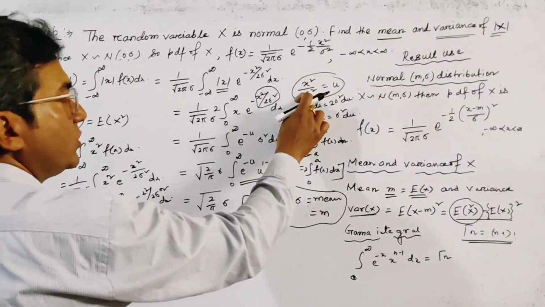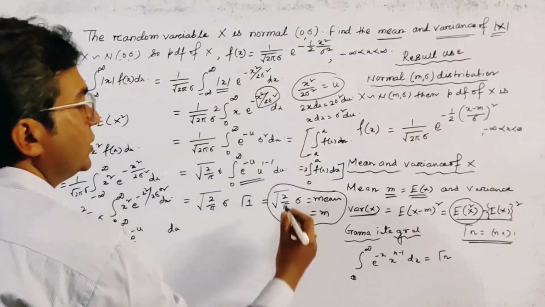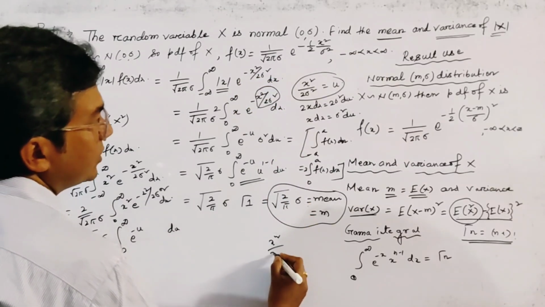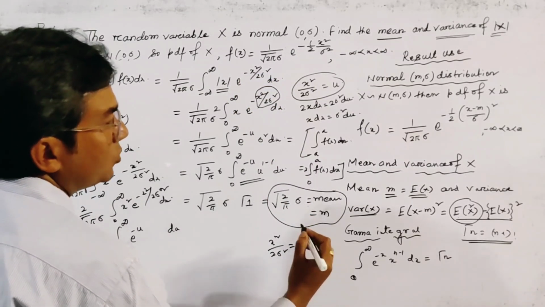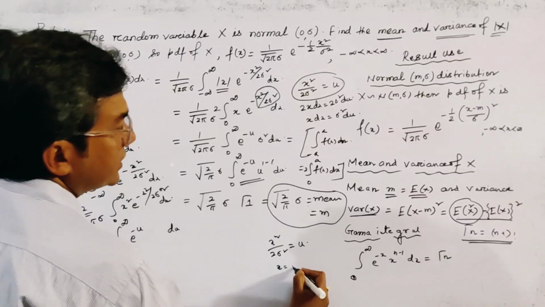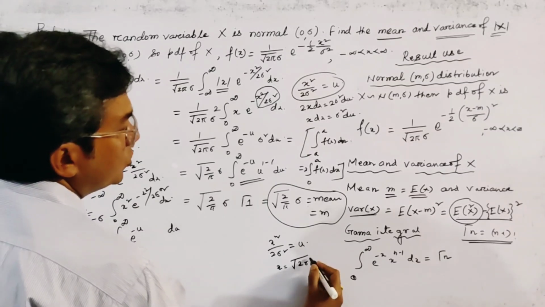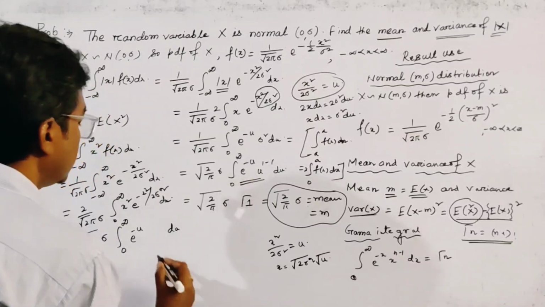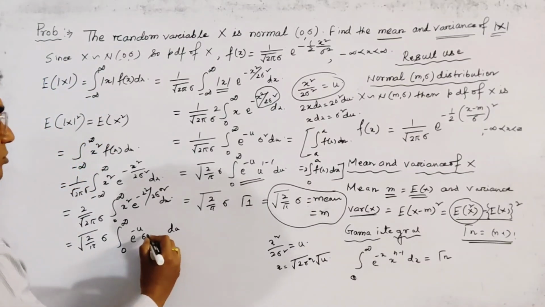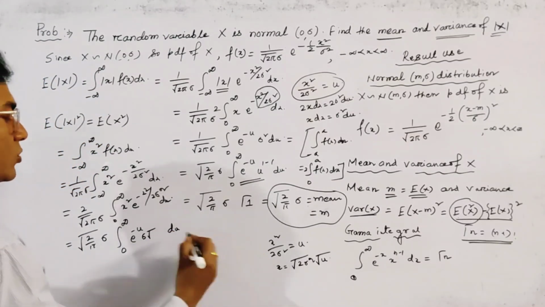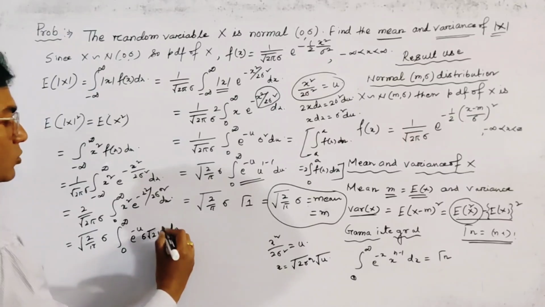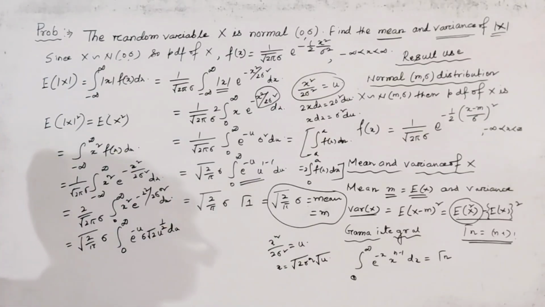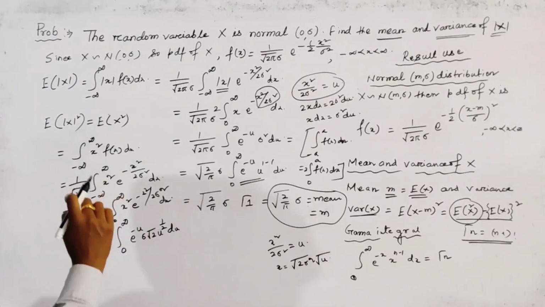Now we have to find the value of x from here. Since x square by 2 sigma square is equal to u, x is root 2 sigma square into root u. So this is sigma into root 2 into u to the power half. Clear? Because this is the value of x.